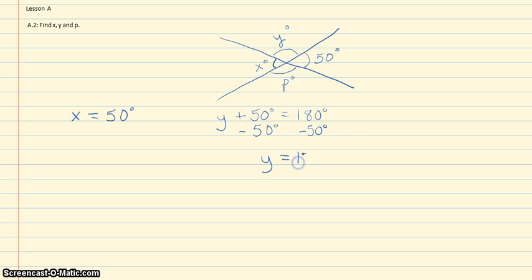Y equals 130 degrees. Then our last angle, P, is a vertical angle from y. So P also equals 130 degrees. And so we've found x, y, and P.